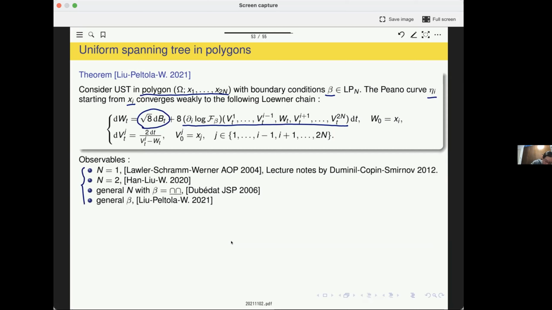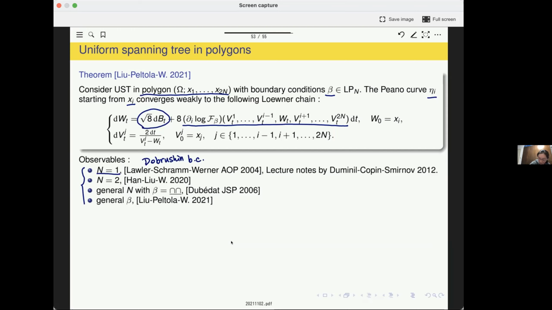When n equals 1, in fact, this is the earliest result, about the Dirichlet boundary condition. For that one, Lawler, Schramm, and Werner proved in their work that they construct the observable and they derive the limiting law from their observable.